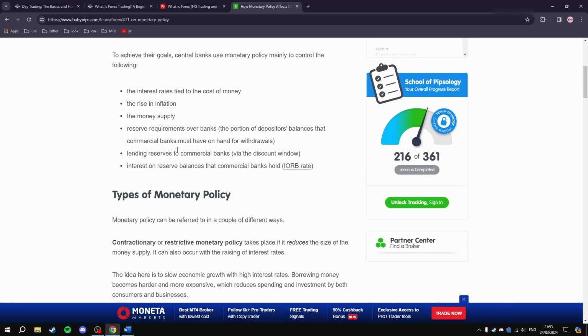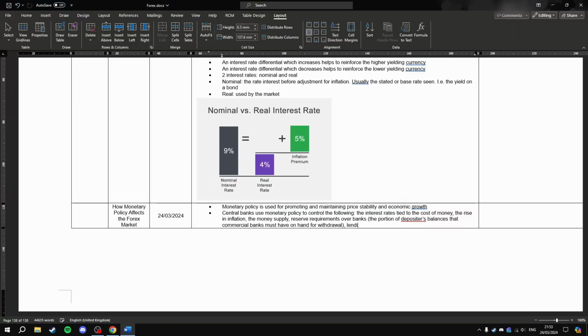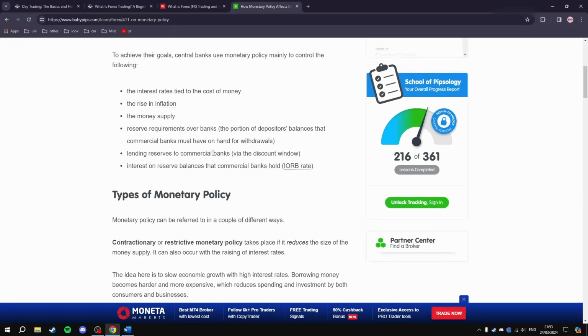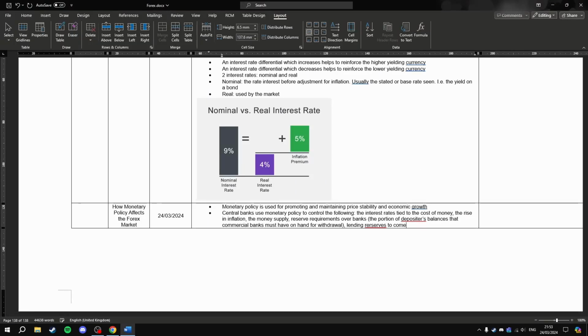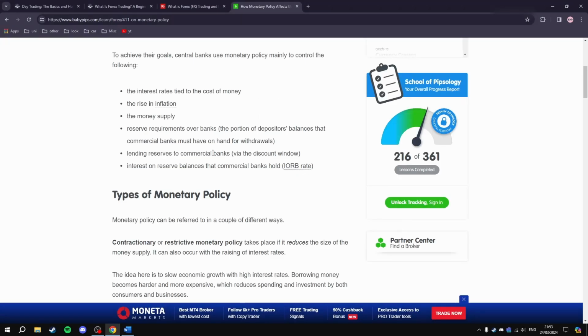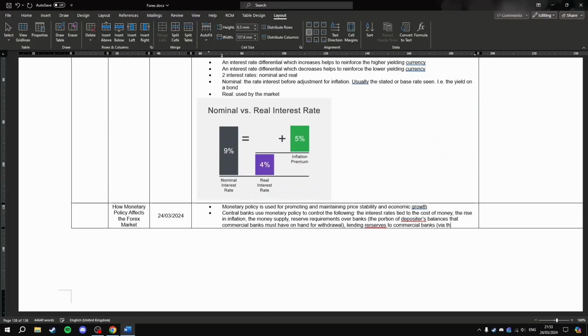Lending reserves to commercial banks via the discount window.